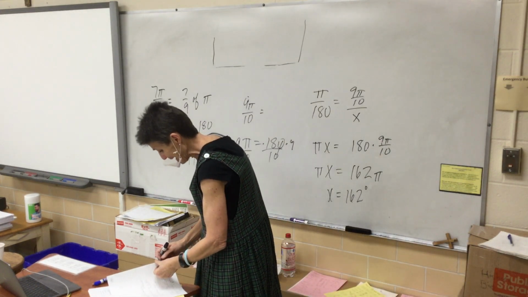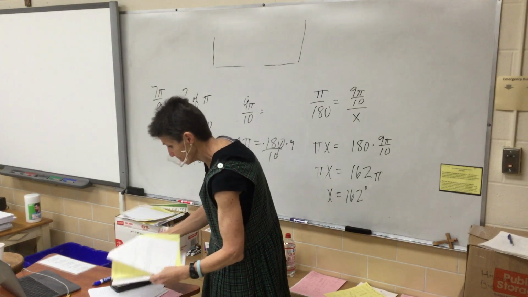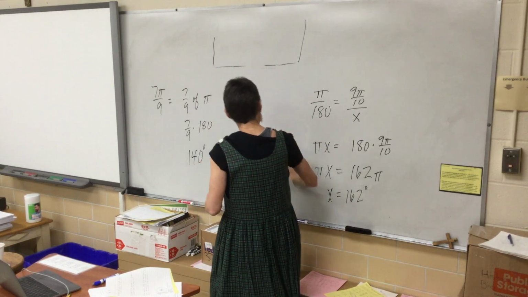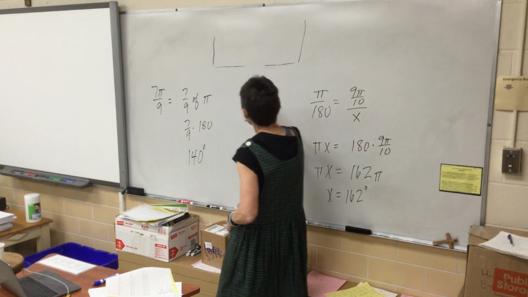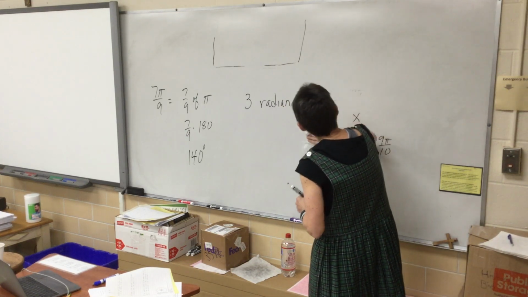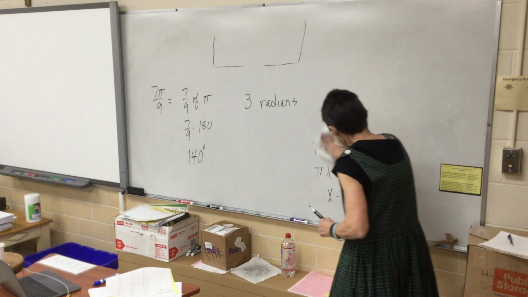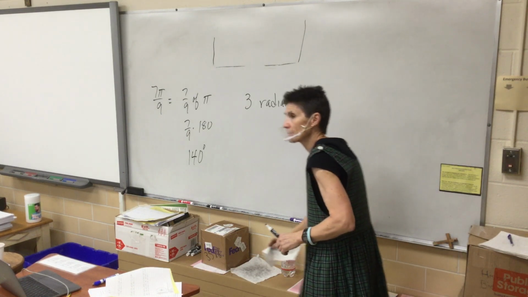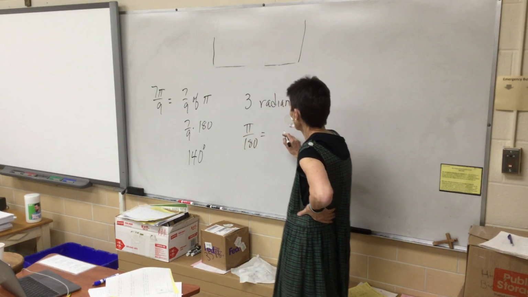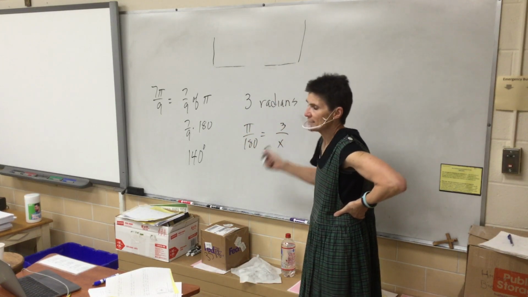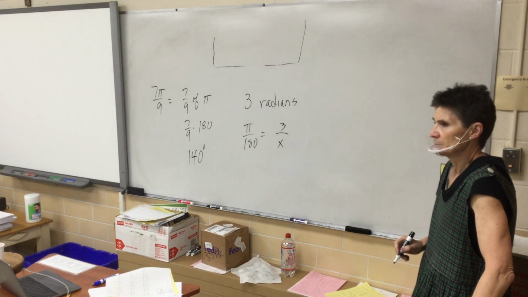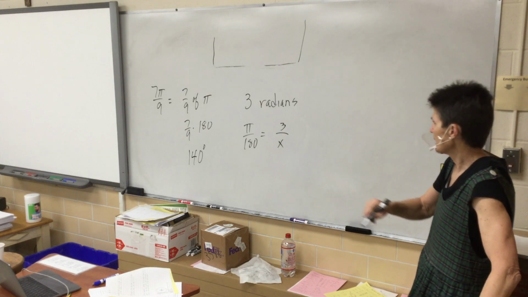Now, it's not that easy for the next one, because the next one just says 3. There's no pi in it. So we got to change 3 radians into degrees. So I'm going to fall back on my proportion. This works all the time. Why is the x in the denominator? Earlier today I had it in the numerator.